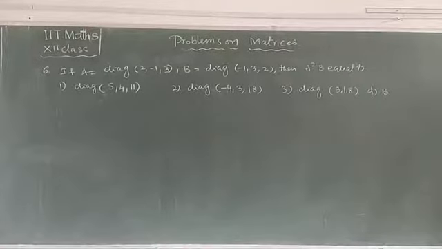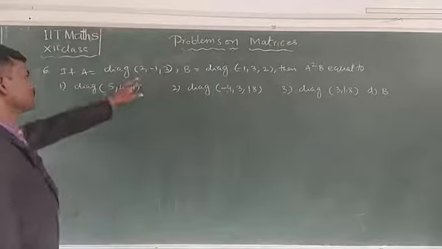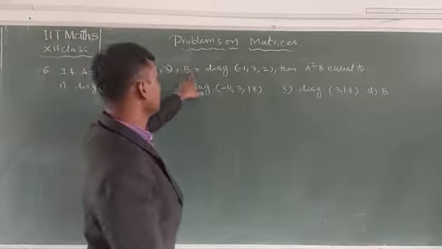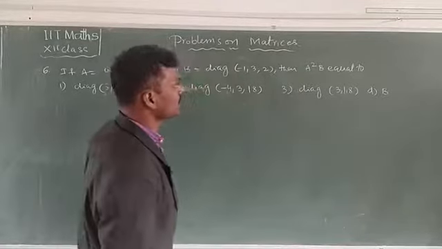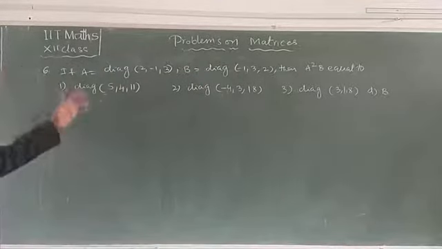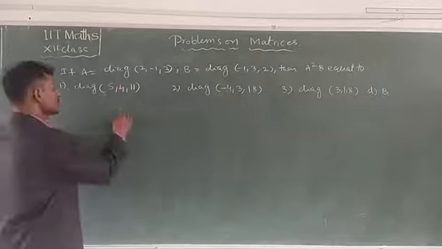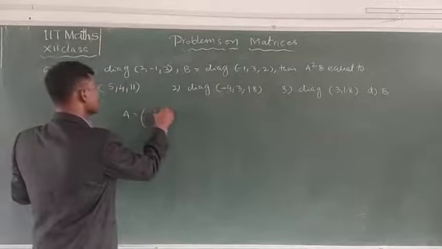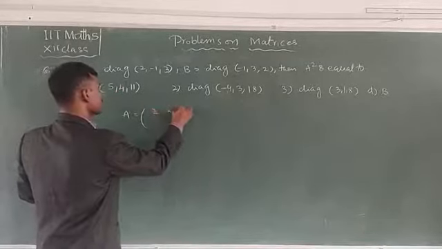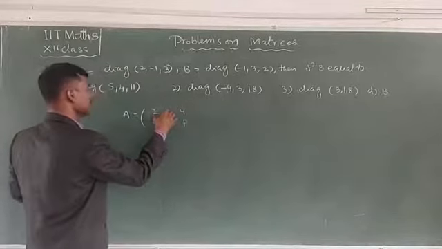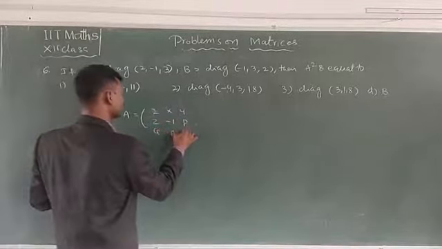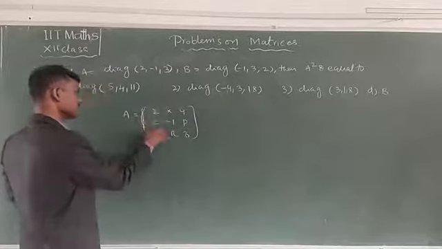Okay, next problem, sixth one. If A is equal to diagonal of 2, minus 1, 3 and B is diagonal of minus 1, 3, 2, and A square B equal to, see here, only diagonals are given. Suppose A is this: x, 2, some y, some z, minus 1, and this is some p, and this is q and r, as given.